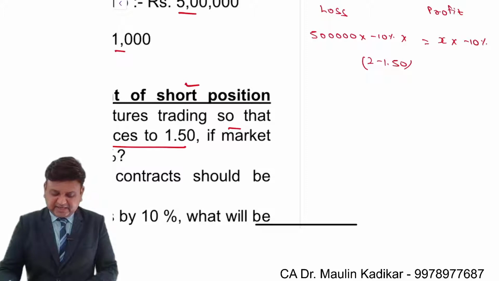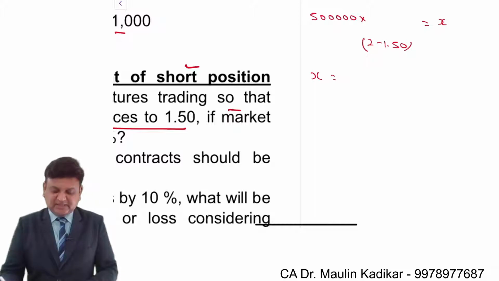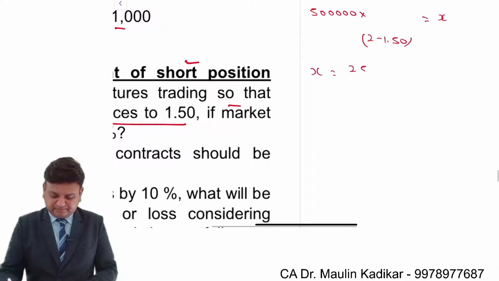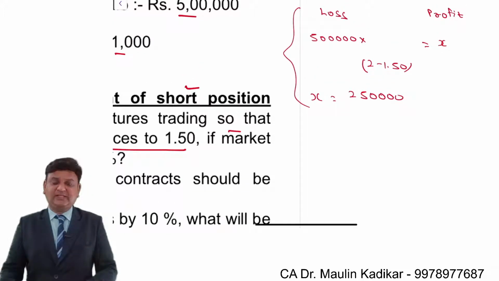So again this negative 10 is cancelled. So I should enter into the amount of the futures contract hedging x equal to 5 lakhs into 0.5, that comes to 2,50,000. So I should enter into the futures contract hedging only for 2,50,000, if at all I want to reduce my beta to 1.5. So I'll get the partial hedging. This is what the concept says.